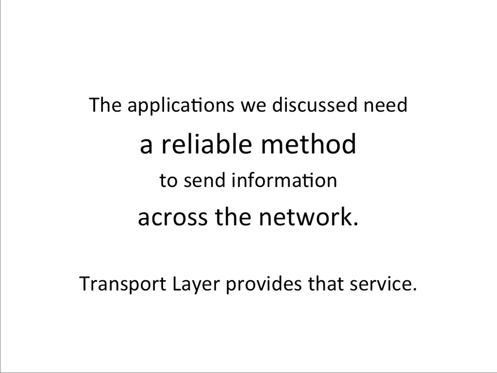All these applications need a reliable way to send and receive information, right? For example, when we're thinking about an HTTP client, we assume that we open a socket, we say GET, and we assume that it actually gets to the server reliably. That's what we've been assuming.